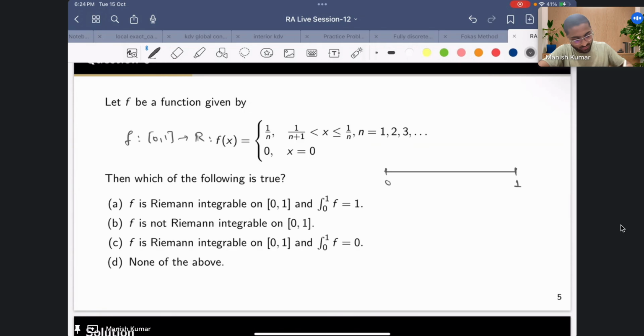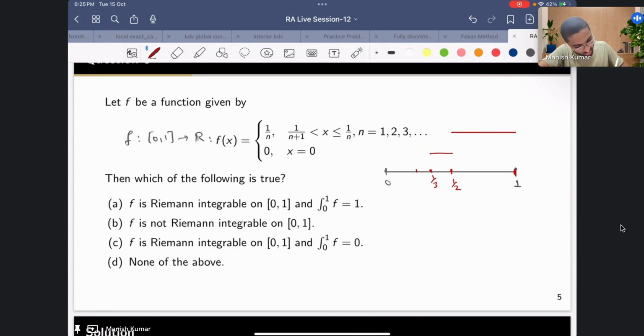Now if you look at this interval, let's take n equal to 1, so we'll have 1 and then half. In this interval the function is taking the value 1. In half to 1 by 3, the function is taking the value half.